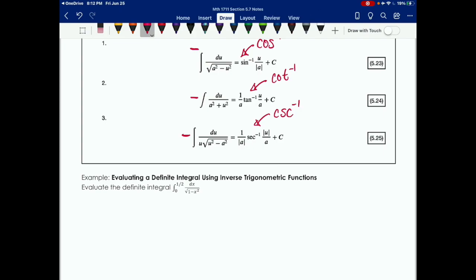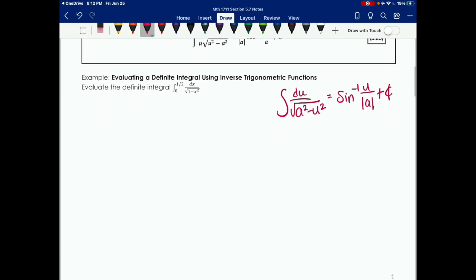If we look at the integral that involves inverse sine, and we let a be 1 and u be x, we've got it. So I'm going to use the integral formula du over the square root of a squared minus u squared is equal to inverse sine of u over the absolute value of a plus our constant.